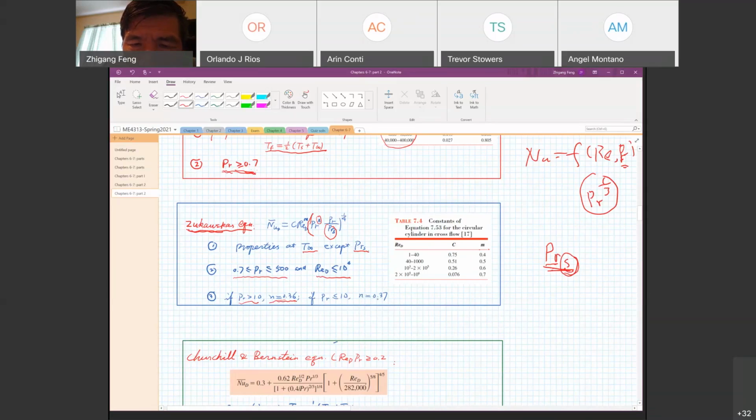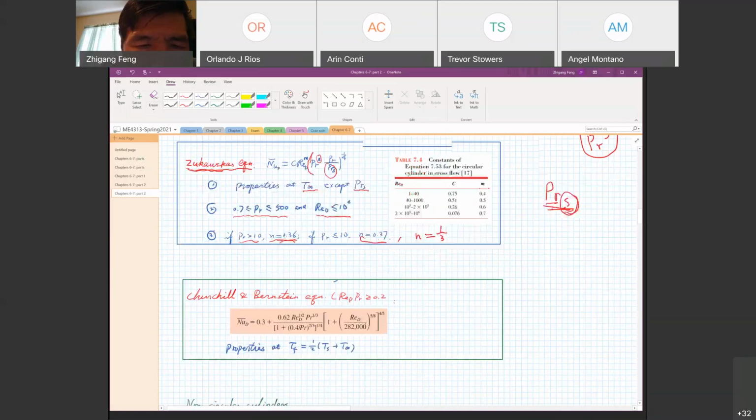Otherwise, it's 0.37. Now, they are very close, so I don't expect a big difference between these two. And if you think about it, 1/3 is about 0.33, right? So these two n are very close to 1/3. So that's the second correlation.